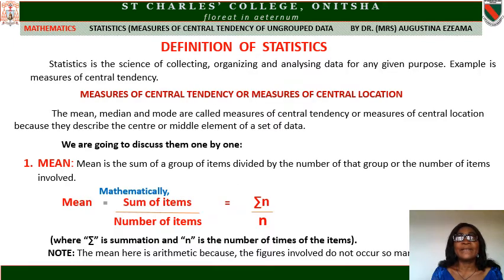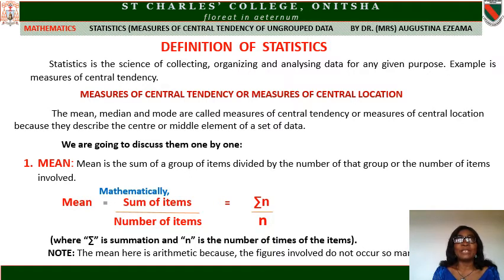Let us look at the definition of statistics. Statistics is the science of collecting, organizing, and analyzing data for any given purpose. Example, measures of central tendency, or measures of central location. The two are the same thing.